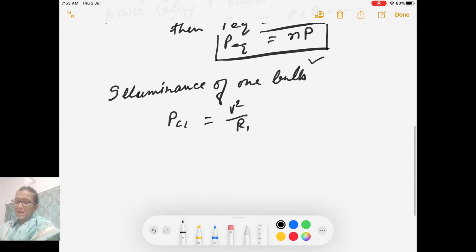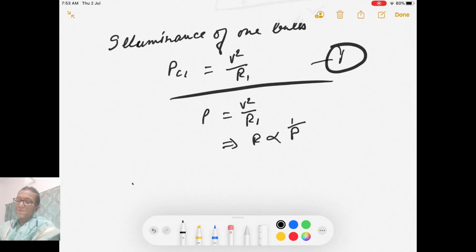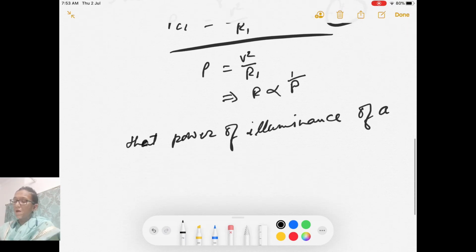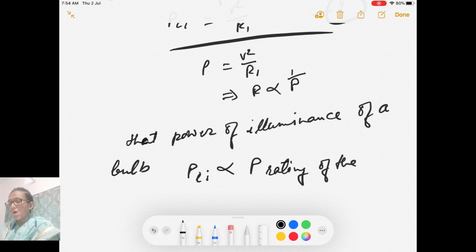From this formula, P is equal to V squared upon R1, it implies that R is inversely proportional to P. So you could see from this that the illuminance of a bulb, any bulb, is proportional to the power consumed, the power rating of the bulb.